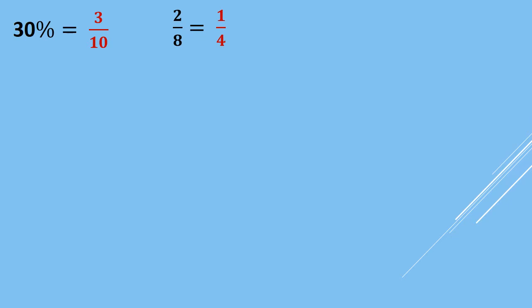If you have a fraction like 2 over 8, it will be 1 over 4, a rational number. Or a decimal number, negative 0.5, can be written as negative 5 over 10, and in simplest form it equals negative half.